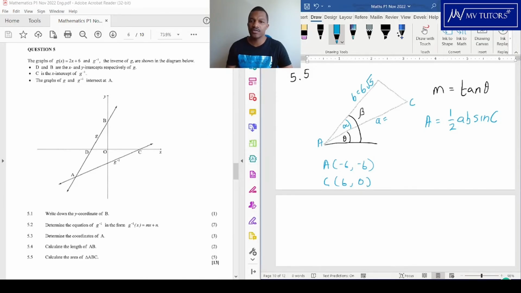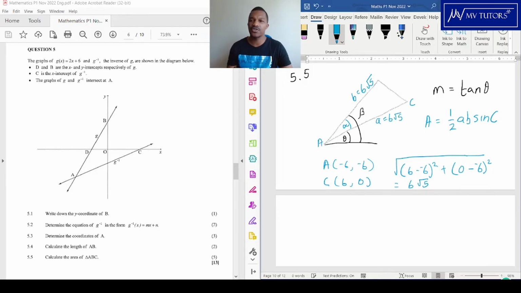Okay, so putting those in the distance formula, it will be 6 minus -6 squared plus 0 minus -6 squared. I put this in a calculator, I will get the same value of 6 square root of 5. So that's also 6 square root of 5.